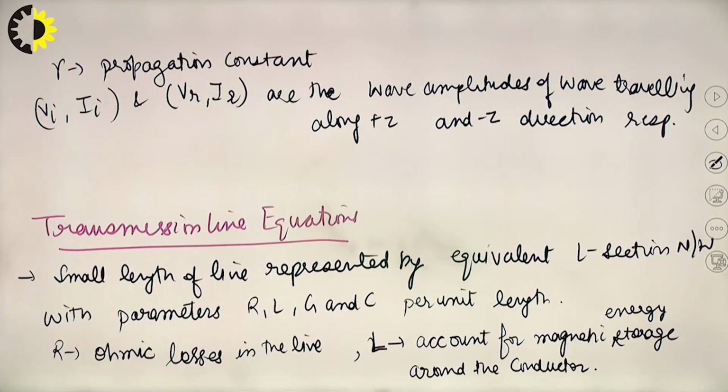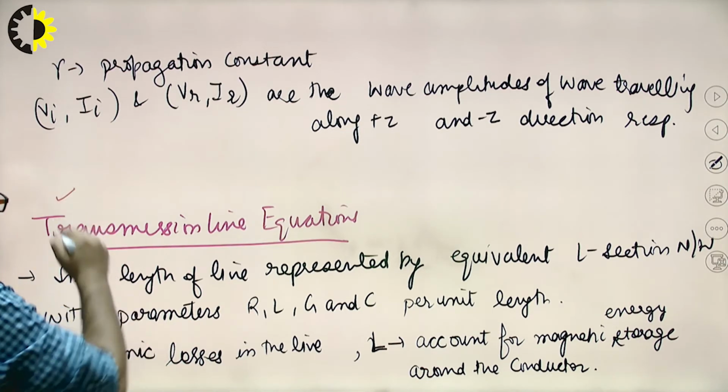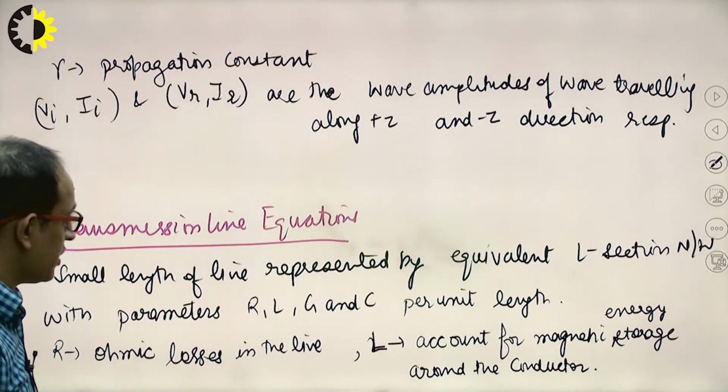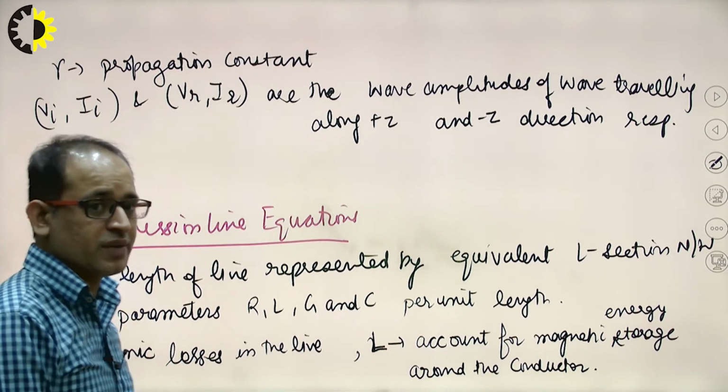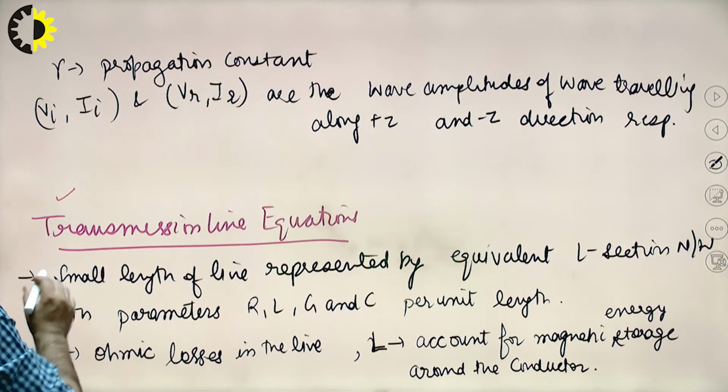Clear? Now see, we will talk about the transmission line equation. Before we start the transmission line equation, we will see the equivalent circuit of the transmission line, because now see a small length of this.